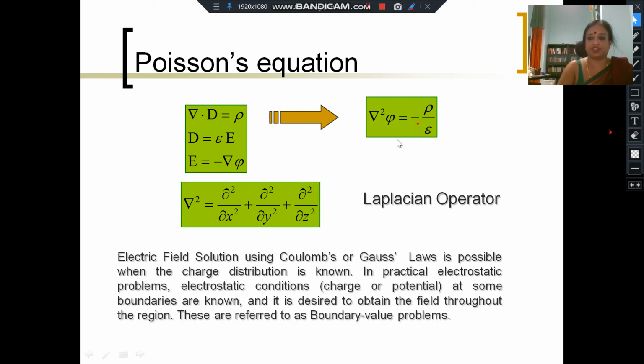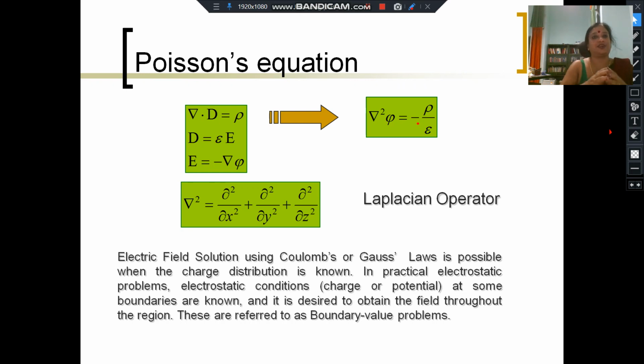Look at this equation. What I'm saying is that while Coulomb's law or Gauss's law can be used to compute the electric field inside a material, it is not doable in practice because we do not know the charge distributions, and therefore we obtain the electric field distribution by solving Poisson's or Laplace's equation. Now, this equation is a partial differential equation, and any partial differential equation, to have a unique solution, we need to know the boundary conditions.